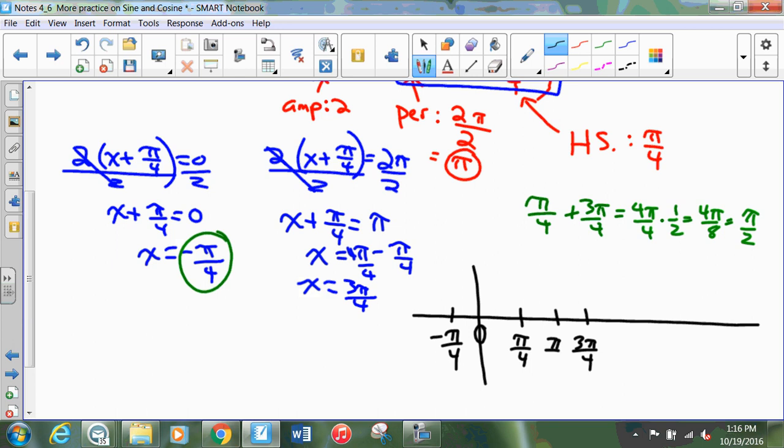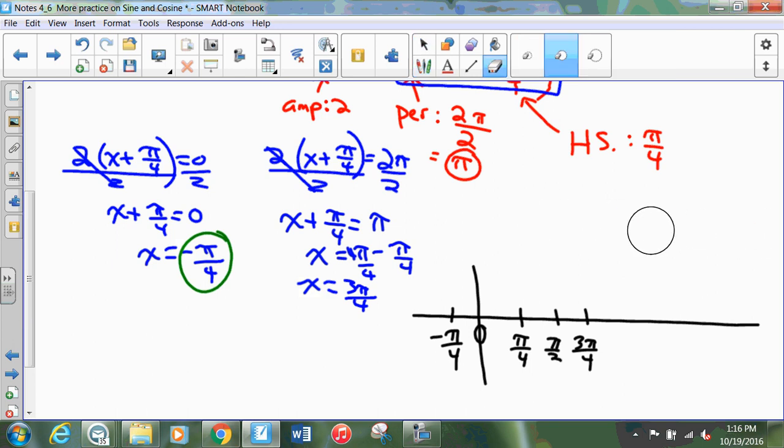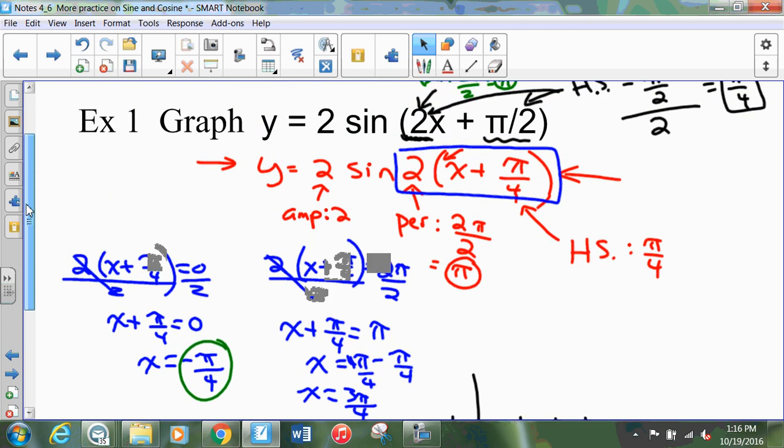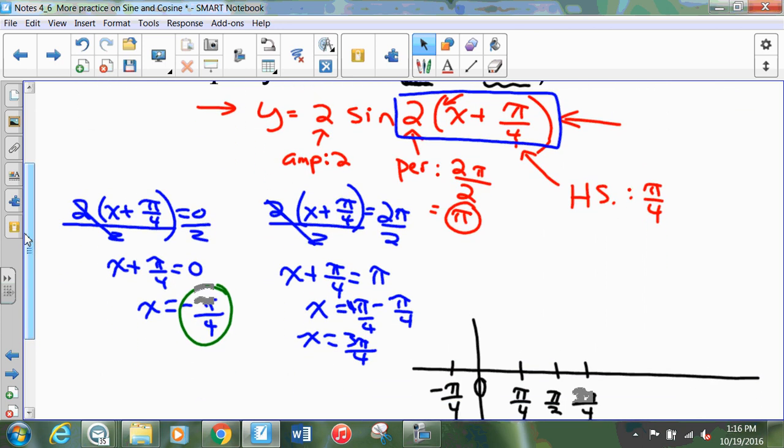So once we have our tick marks, then we can choose to define our points either by plugging in directly negative pi over 4, 0, pi over 4, pi over 2, and 3 pi over 4, or we can use the shortcut that says this. Use a different color. Okay.